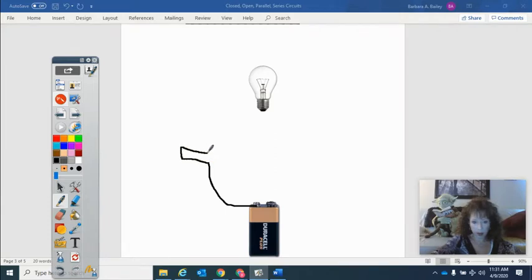If you're a good drawer, I'm sure you can draw a much better switch than that. But I am going to just write a switch so we know what that is. It may not be obvious by my drawing. So here's my switch.